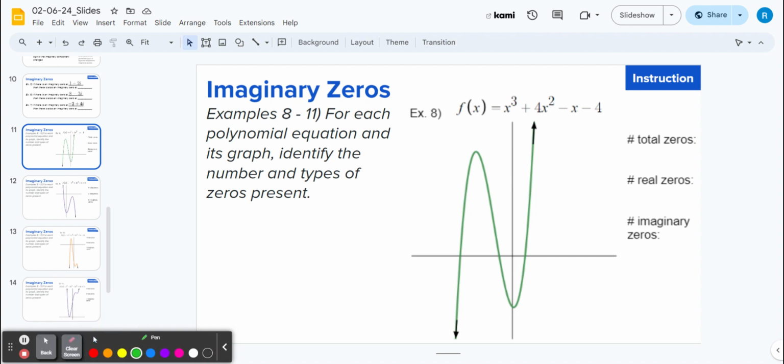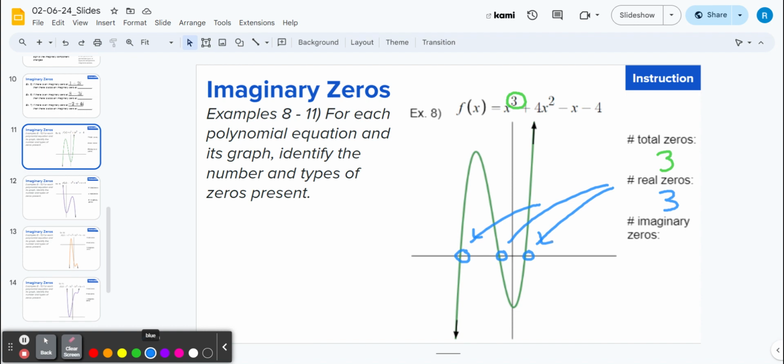We know from the degree of our polynomial that there are going to be 3 total zeros. If we then look at our graph and look at our x-intercepts where our zeros are located, there's one there, a second one there, and a third there. So there are 3 real zeros.